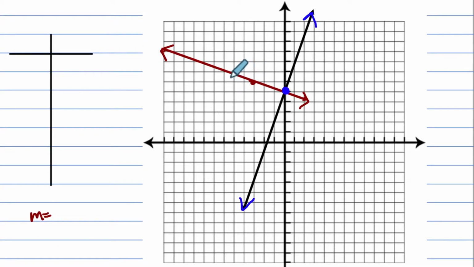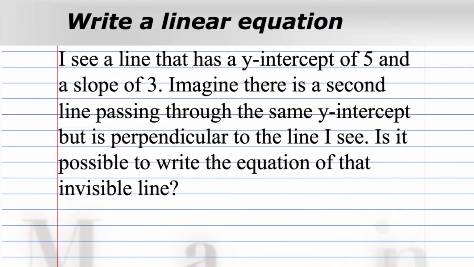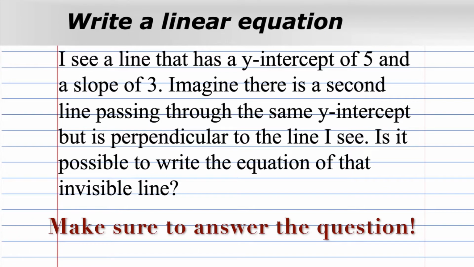And there's a point there, a point there, and a point there. We have a slope of -1/3. We go down 1, right 3. That's a -1/3. Is it possible to write the equation of that invisible line?